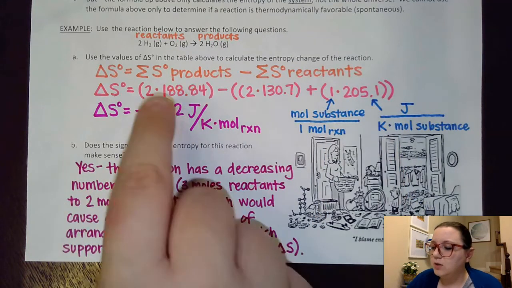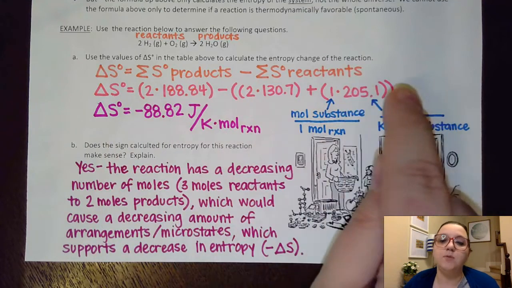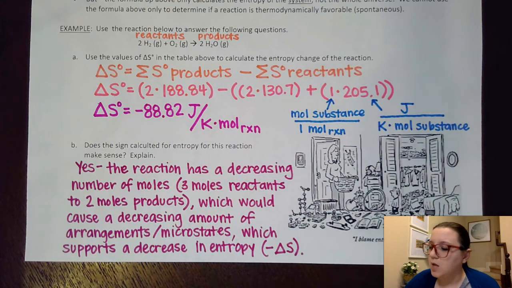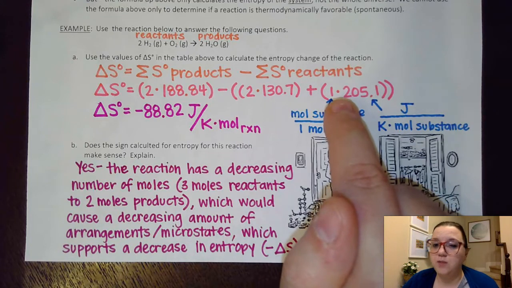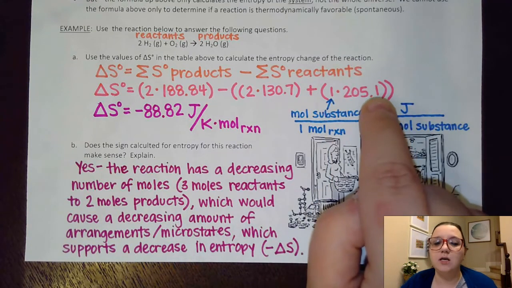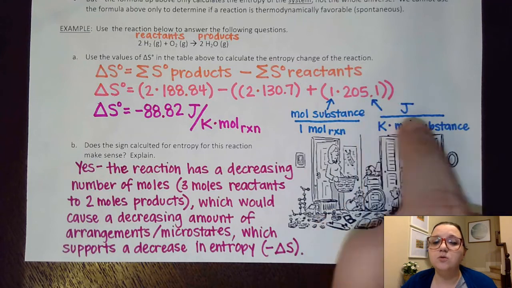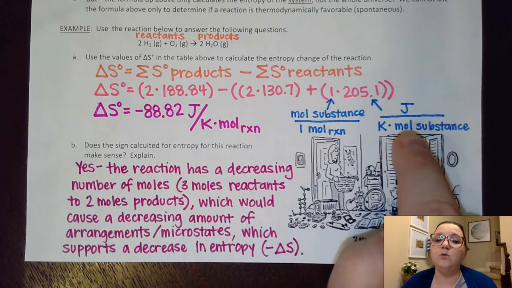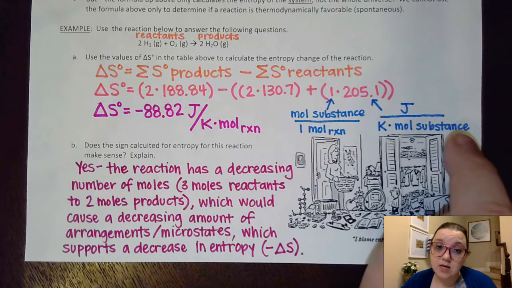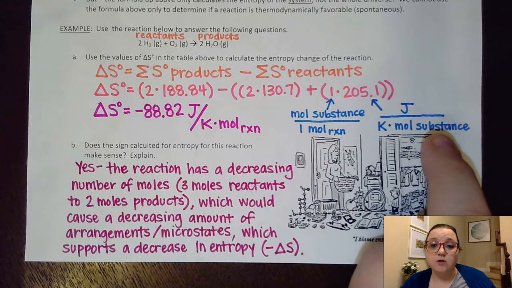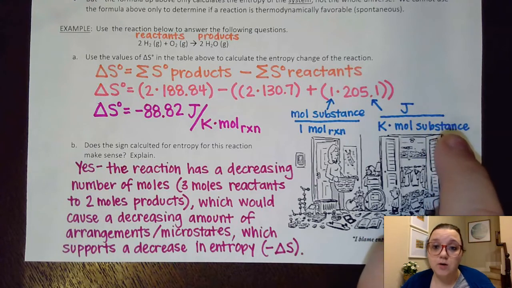Now, I didn't put units when I wrote out my equation, but I want to talk about units for a second. Again, the whole reason why we have to multiply by the coefficient is because the value that you're getting from the table is joules over Kelvin times mole of the substance. But I don't want moles of the substance for my overall value. I want moles of the reaction.